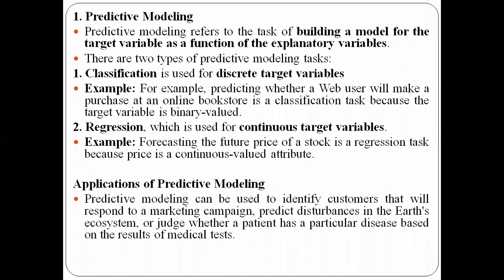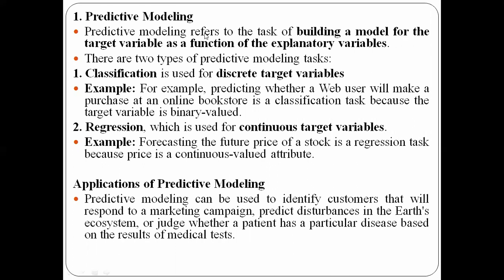So here also, in the case of predictive modeling, I will be building a model for the target variable. A target variable is nothing but a variable whose value I want to predict. For that target variable, we'll be building a model as a function of the explanatory variables or independent variables. Explanatory variables are the already available attribute values which I will use to predict the value of a target variable.